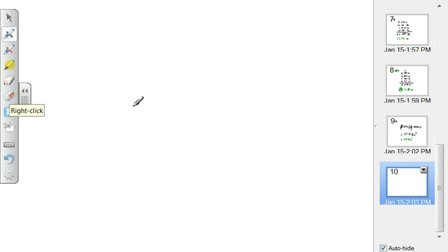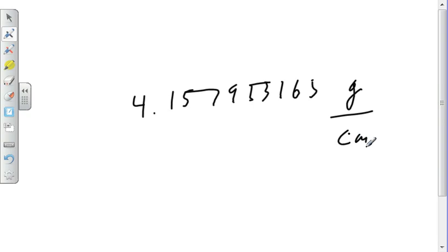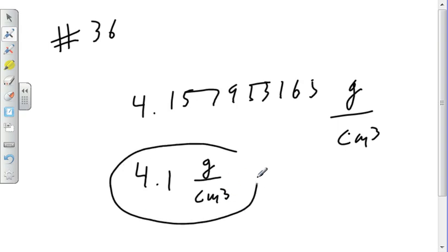Okay, we're going to get 4.157913165 grams per centimeter cubed, but we only have two significant digits, so we'd call it 4.1 grams per centimeter cubed and call that our final answer.